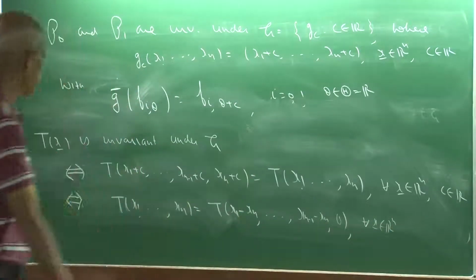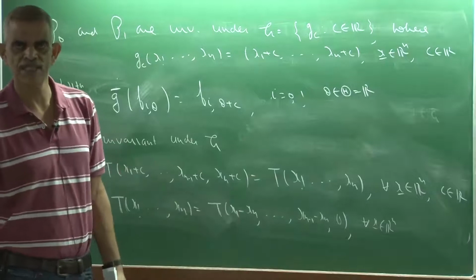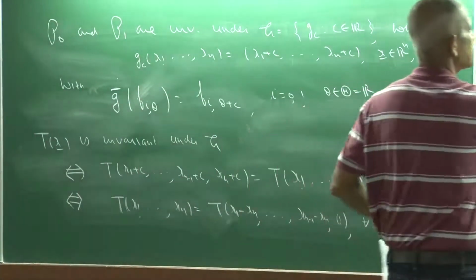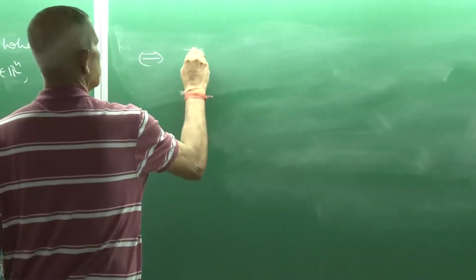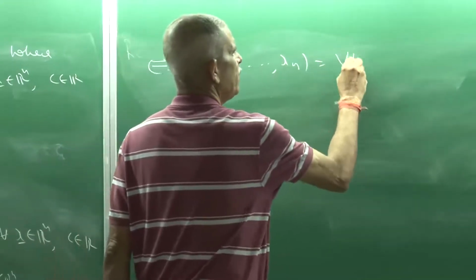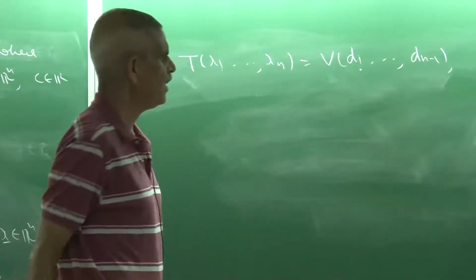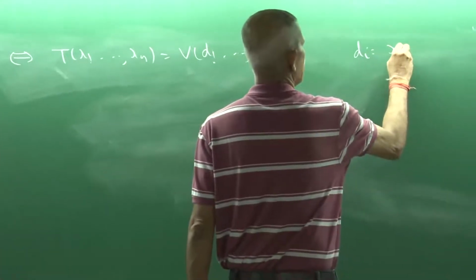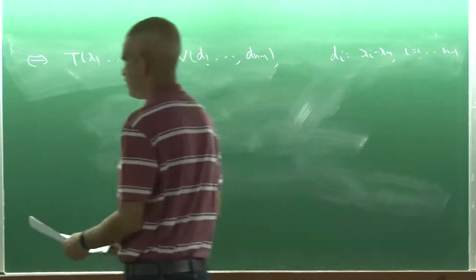So what does that mean? T is invariant implies that T is some function of x1 minus xn, x2 minus xn, ..., xn minus 1 minus xn. Which is equivalent to saying that T of x1, x2, ..., xn is the same as V of d1, d2, ..., dn minus 1, where di is xi minus xn. Right? That you have gotten from here.